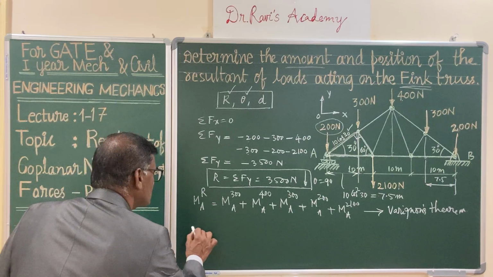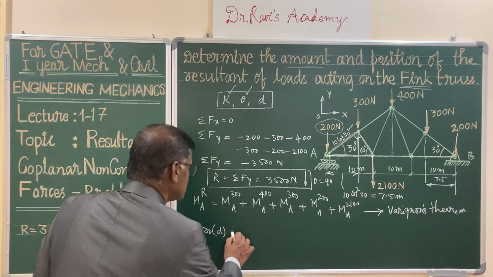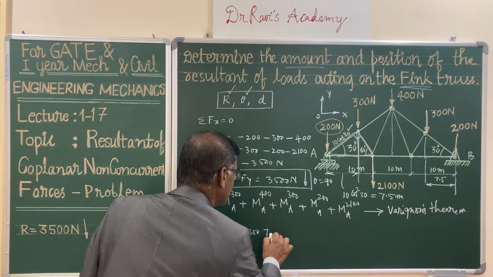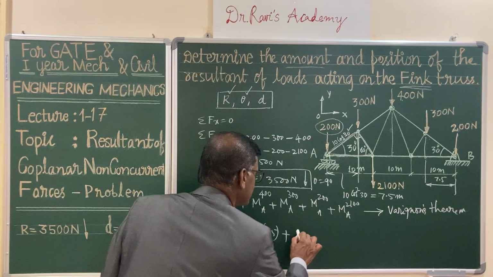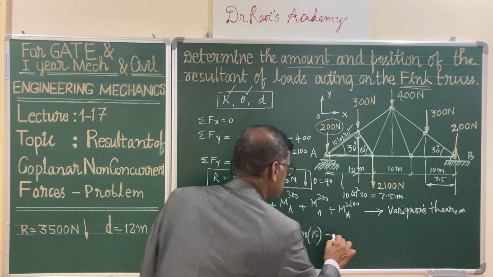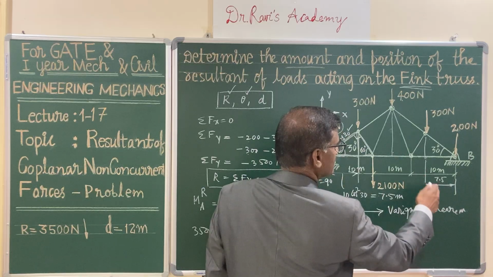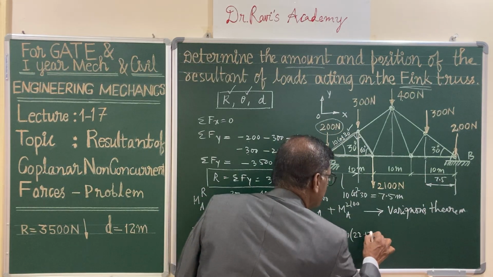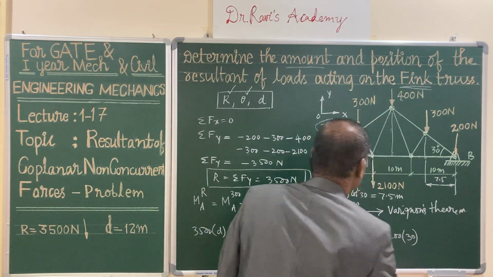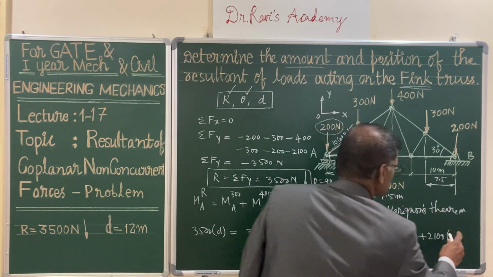So this value is 3500 into d. d is the moment arm, which is equal to 300 times 7.5 meters, plus 400 times the midpoint, that is 15 meters, plus 300 times the span 30 meters minus 7.5, that is 22.5 meters, and 200 times the whole length, that is 30 meters, and lastly plus 2100 into 10 meters.